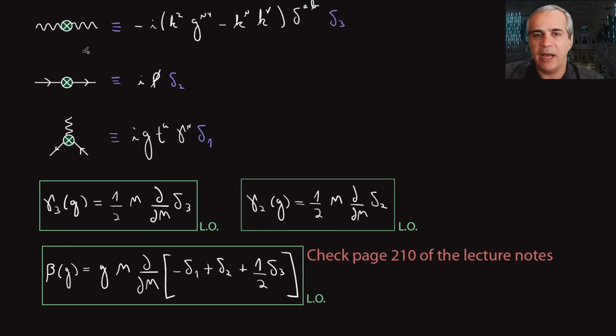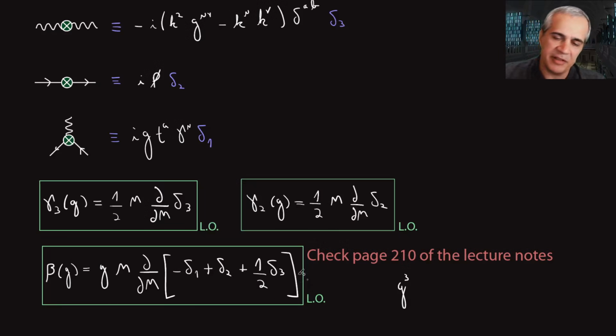And combining those two with an analysis of the Callan-Symanzik equation for the 3-point function, you can find the leading order contribution to the beta function, right? You find out that this starts at order g cubed, right? And that is done in detail on page 210 of the lecture notes. I won't do it again here.